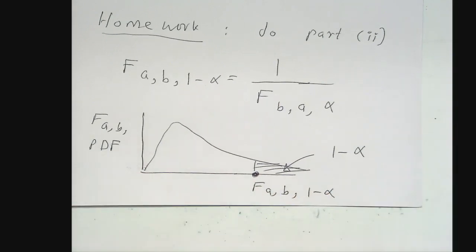That's how you define it. If this area is 1 minus alpha, then this point is defined as this.